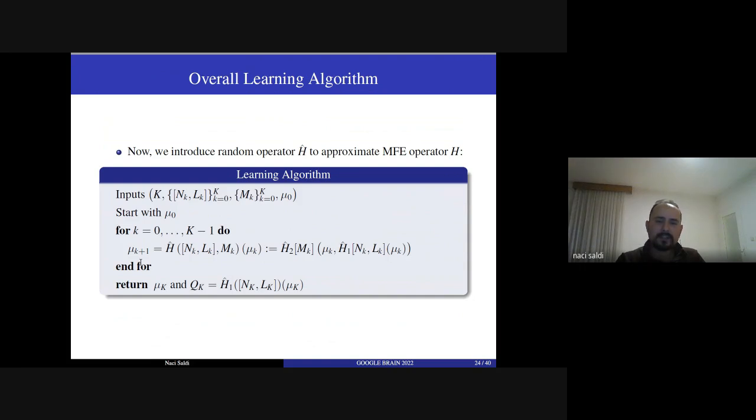At each iteration, this is very similar to H. First, by using H1 hat, we compute approximately the optimum Q function, and then using this approximate Q function and the mean field term, we approximately compute the mean field term using H2 hat.